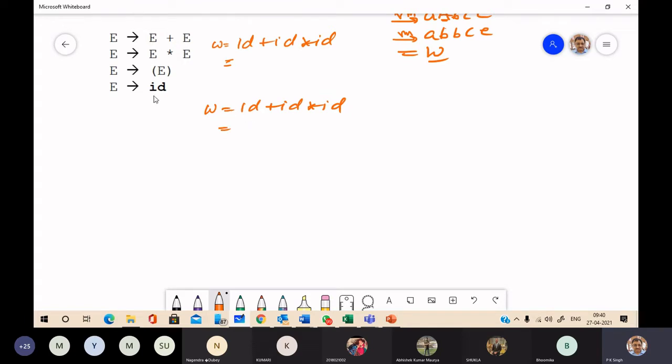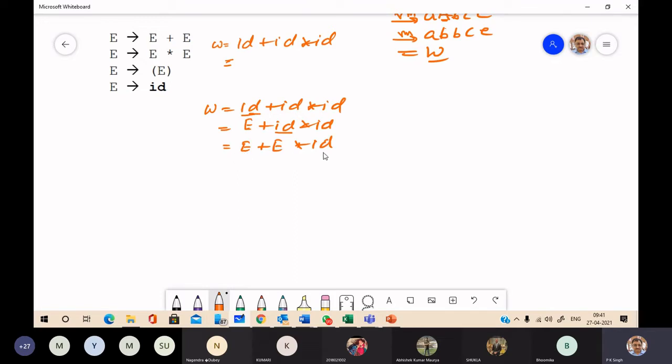This ID matches this production, so we can replace it by its left side, giving E plus ID into ID. This will be the handle. Next we scan and find a substring matching the right side of a production, and we get E plus E into ID.